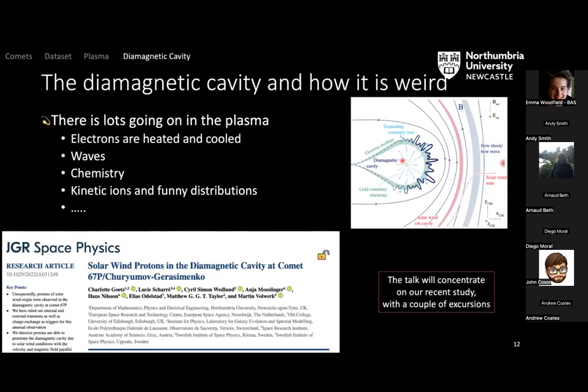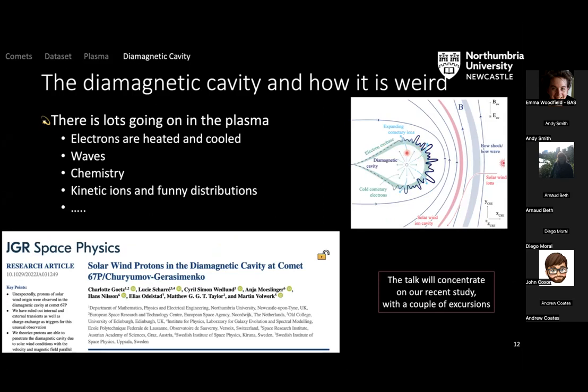So, as I said, there's so much going on that I can't talk about everything. So I will talk about a study that was published this year about solar wind protons that are found in the diamagnetic cavity. The reason why I want to talk about this is that I found the diamagnetic cavity super interesting. It's the only region in the solar system that's completely field-free.